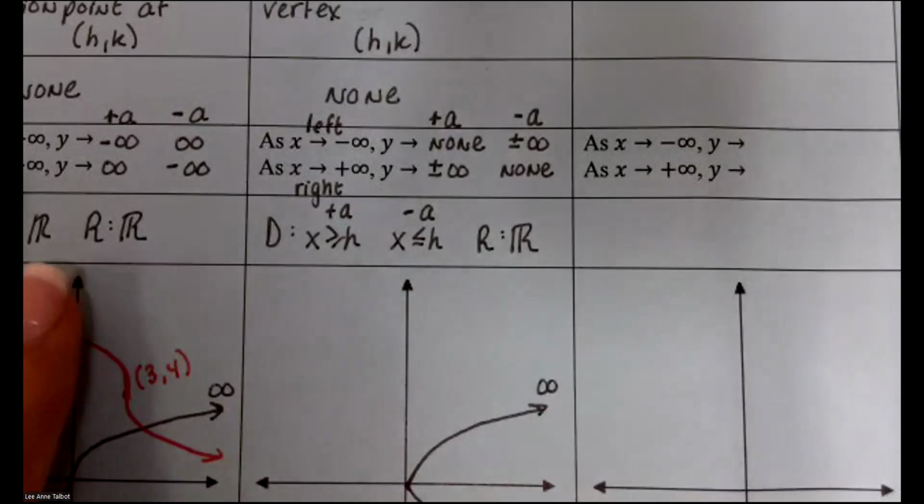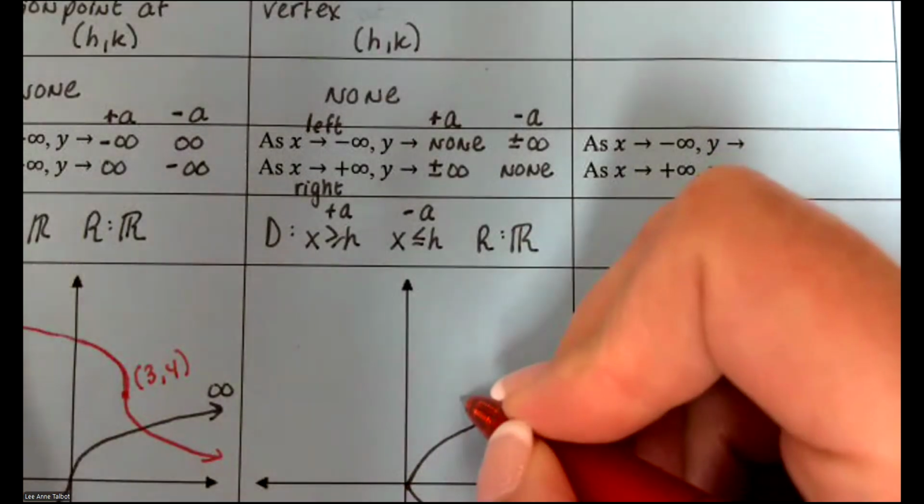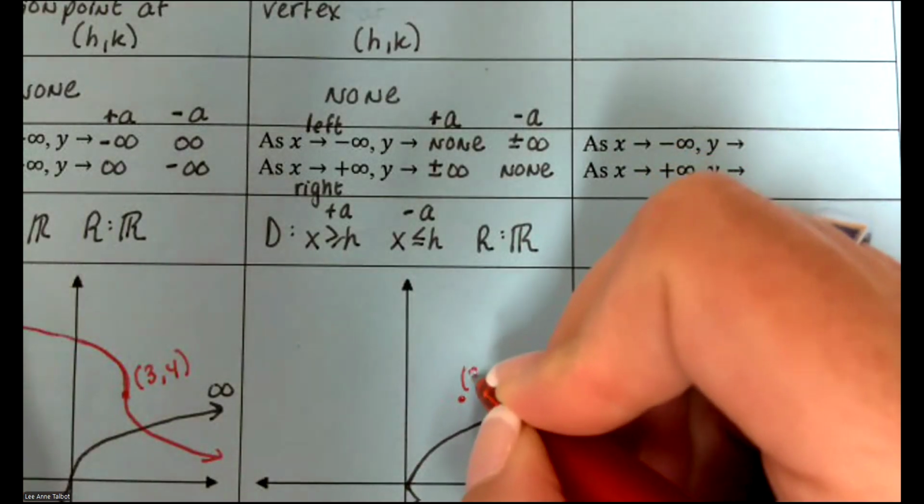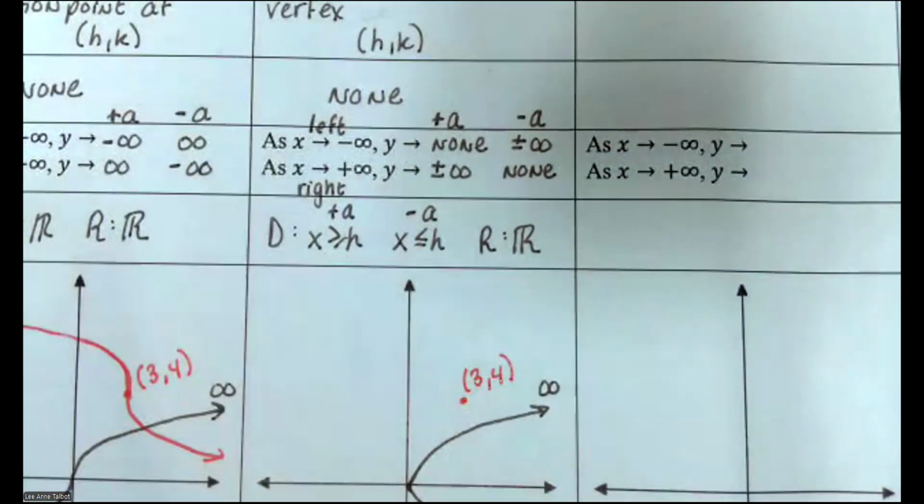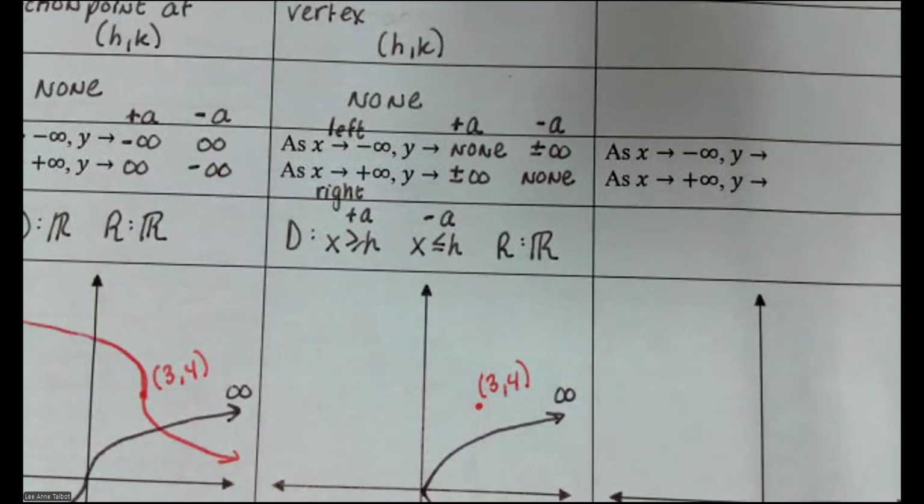Okay, now with your other color, find the point 3, 4, the same 3, 4 you've been using. And then since we can't graph this on the graphing calculator, we're going to put it into Desmos. So let's take a look at where they should cross some things.